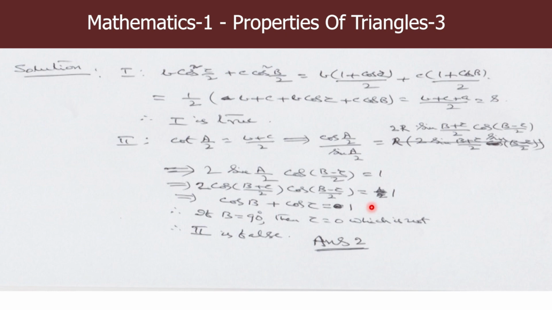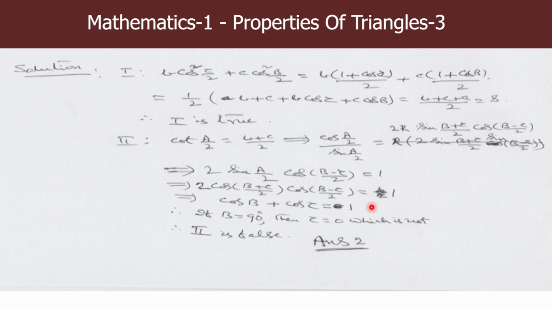If B is equal to 90 degrees, cos B is 0, and cos C is equal to 1, which indicates that C is equal to 0. That is impossible, because in a triangle, two angles cannot be zero. So therefore, 2 is false.